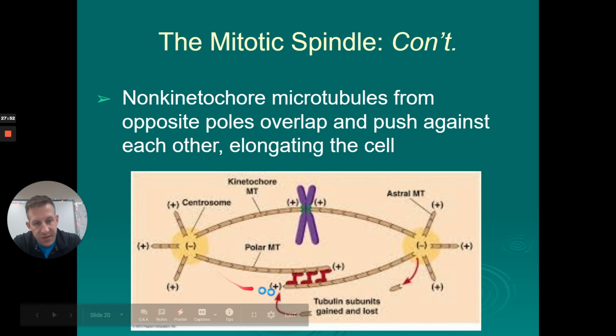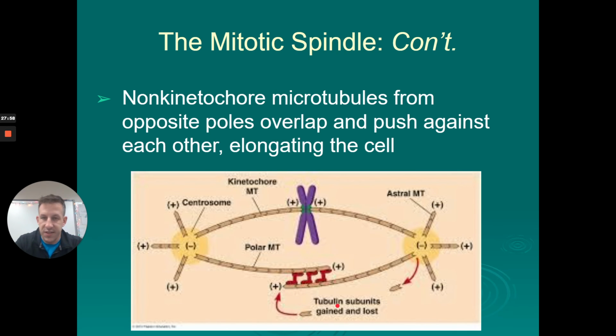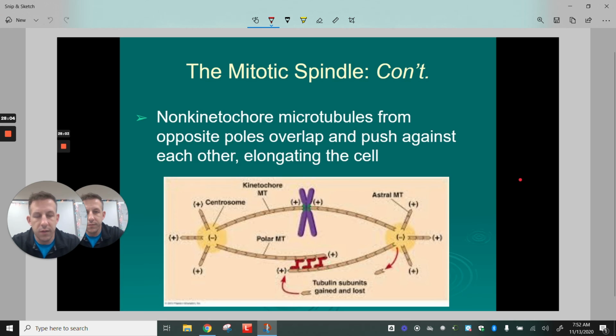We can see these non-kinetochore microtubules down here in the picture. I'm going to take a snapshot of this and then draw on it, if it'll let me. We see that these microtubules are really good at growing. To get as far as they got, they had to grow at some point, right?